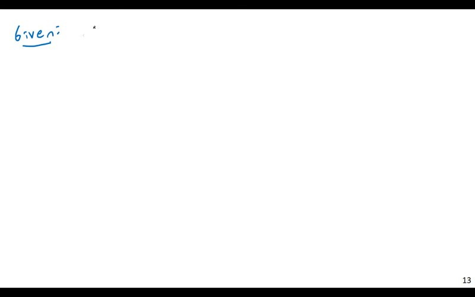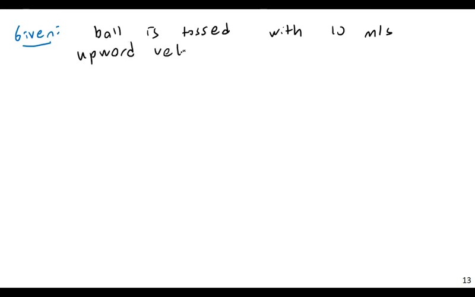So a ball is tossed with a 10 meter per second upward velocity from a window 20 meters above the ground.